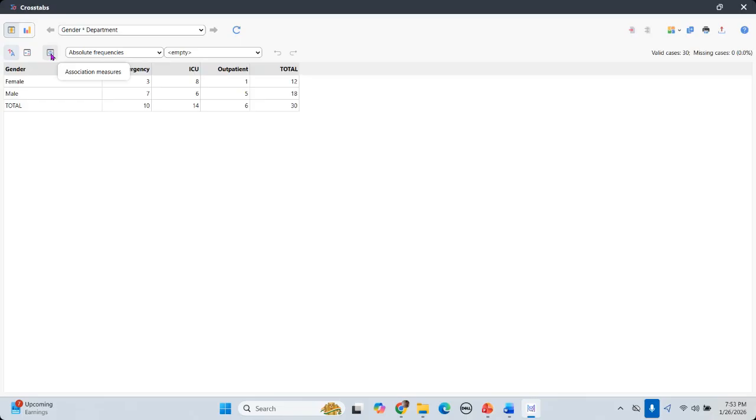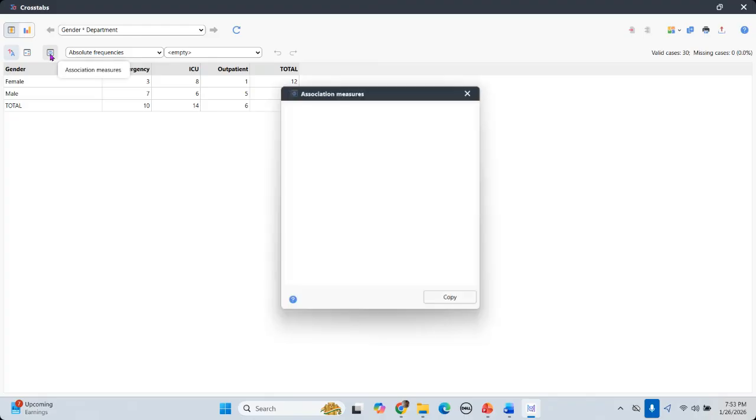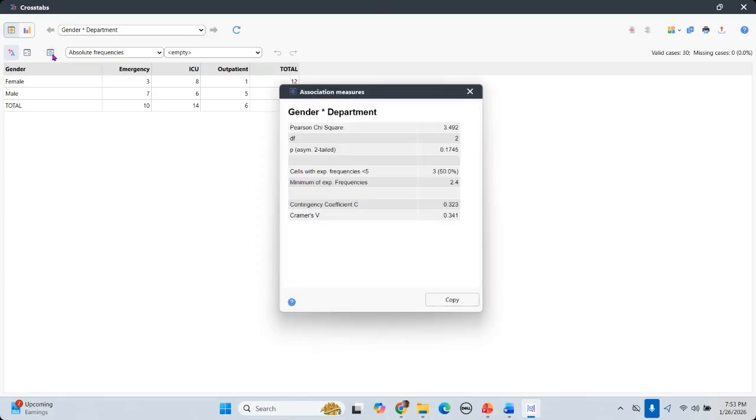Whenever you have two categorical data, like gender, we have nominal data. Department is a nominal data. They belong to categorical data. So in that case, I can go for conducting chi-square test. You can see there is an option here, association measures. The moment I select the association measures, chi-square test results, I got it.